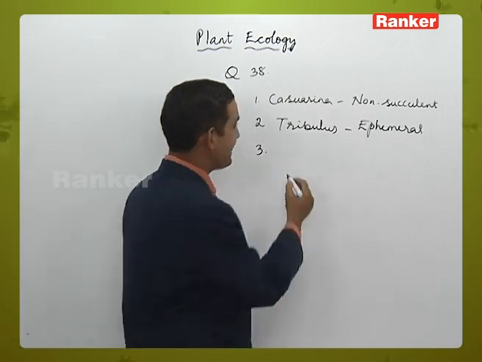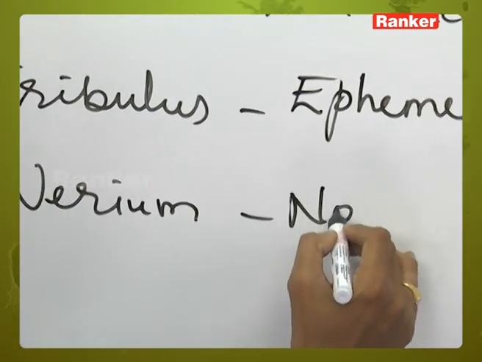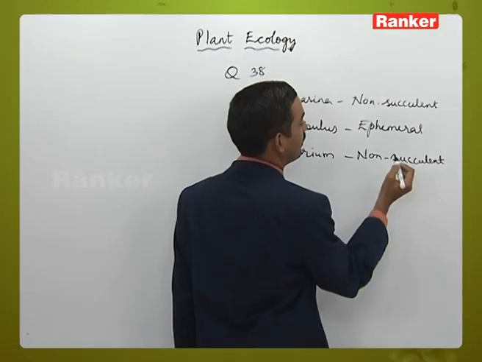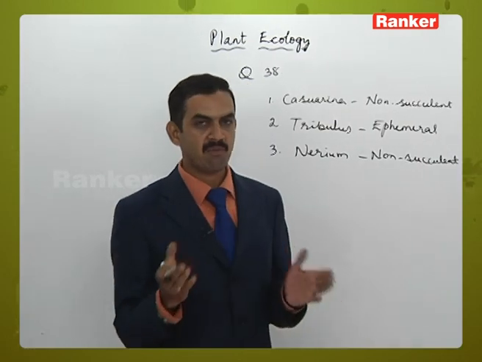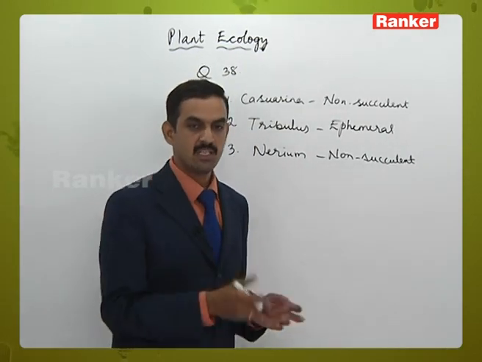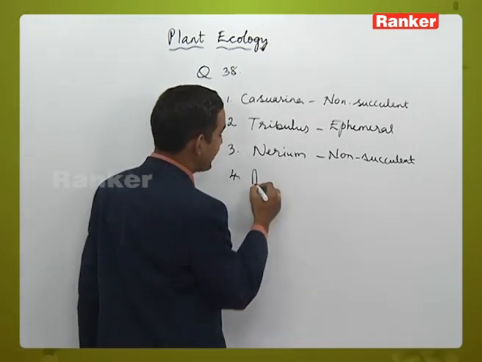Third one is Nerium. Nerium is also a non-succulent. That means this is a plant which will grow in a normal manner whenever the water is present and water availability is very less. So it's a true xerophyte. Fourth one is the asparagus plant.